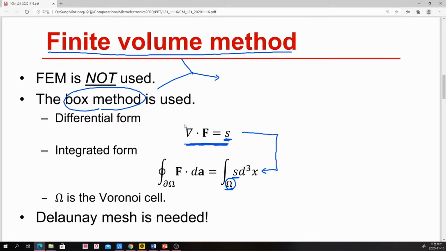By the divergence theorem, we can convert our volume integral into a surface integral. Here the boundary of omega means the surface of our finite volume or box, and dA is the infinitesimal area vector normal to the surface.